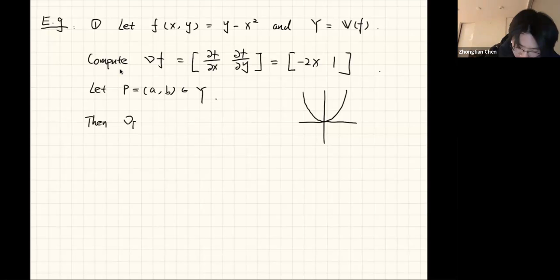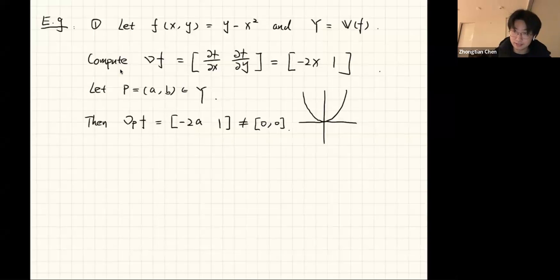Then we can see the Jacobian of F at each of these points will just equal -2 times A1. Since there is always a 1 in the second entry, we know this is never 0. Hence, every point in Y is non-singular. Good, this deals with the non-singular case.